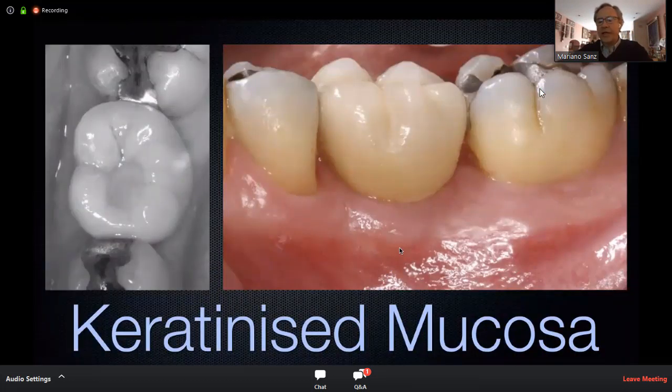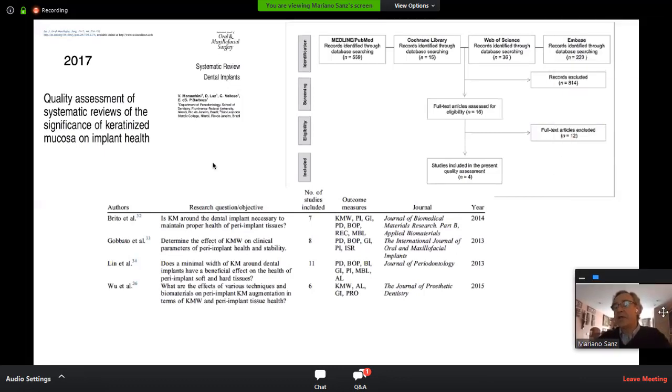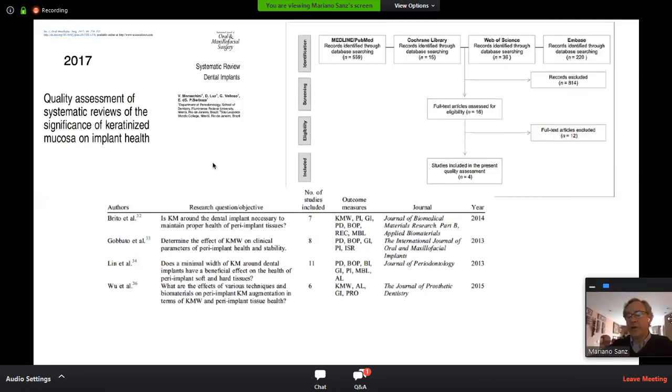Of course, the keratinized mucosa around implants is a topic that has attracted lots of attention, and not only from the research point of view, but also from the clinical point of view. You see, this is a publication from 2017 that is basically a review of systematic reviews, because in this topic, probably there are more systematic reviews than original studies.